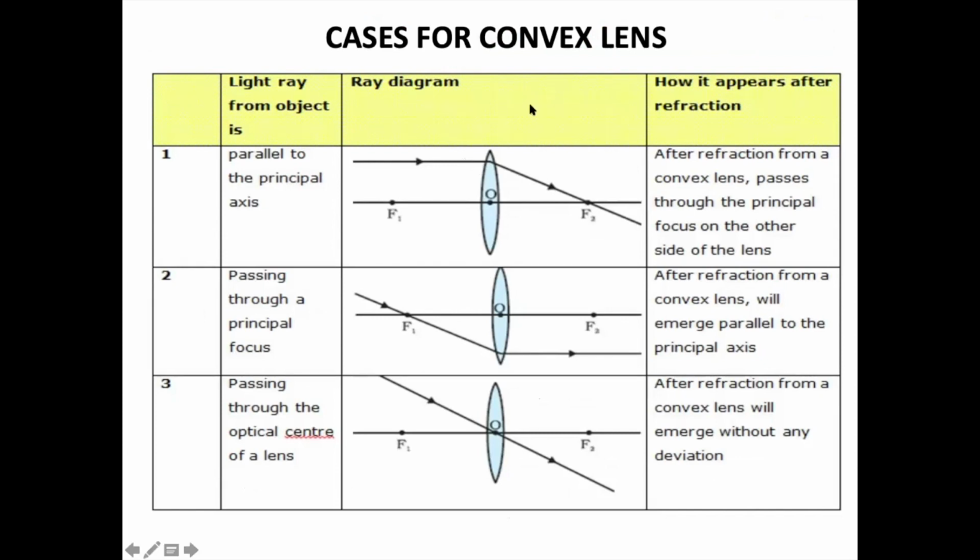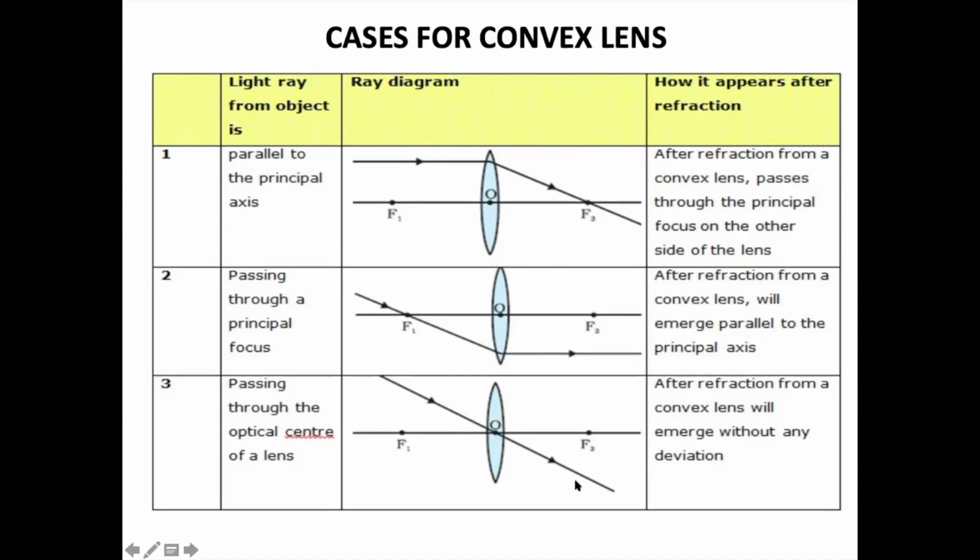The rules are going to remain the same as we did in the mirror. When the ray of light is parallel to the principal axis, it will go to the other side and pass through the focus. Okay, rule number 2: when the ray of light is passing through the focus, it will be parallel to the principal axis. And when the ray of light is passing through the center, it will go straight.